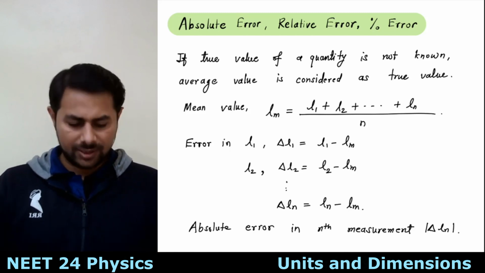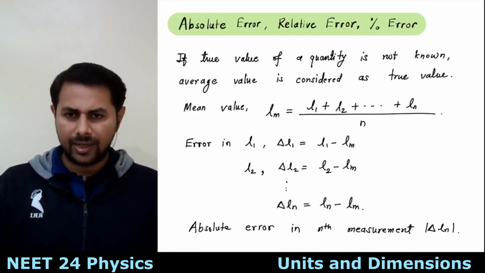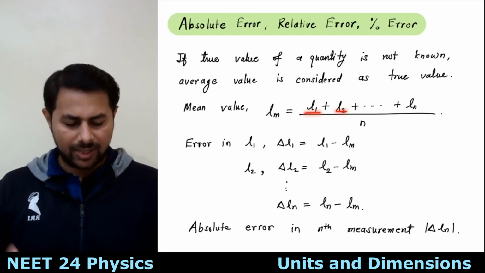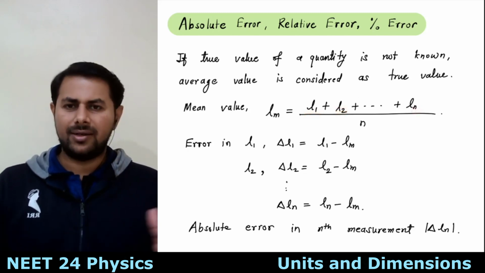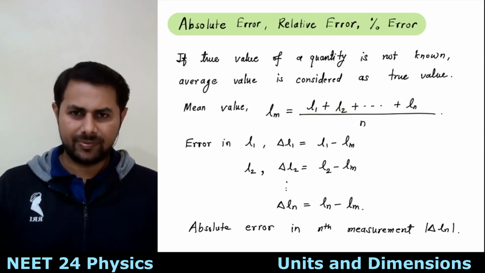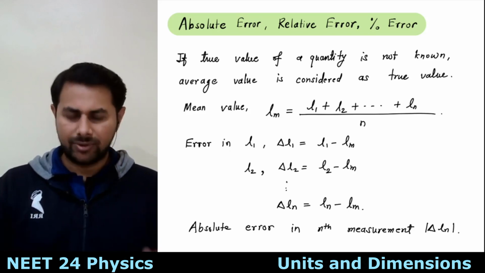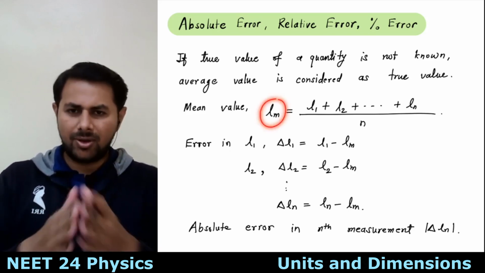It is given to n number of people, n number of students, suppose in this class, and they measure lengths L1, L2, up to Ln. These are the measurements. Suppose I don't know the true value, then what I will do is find the mean of all these readings.